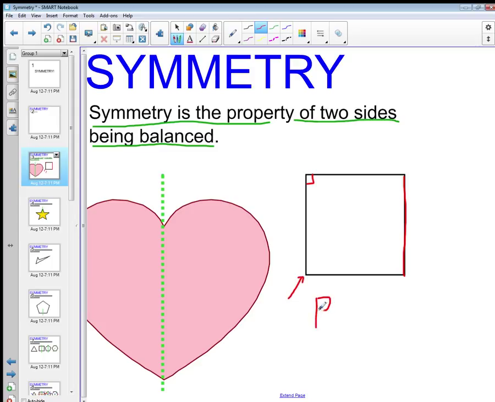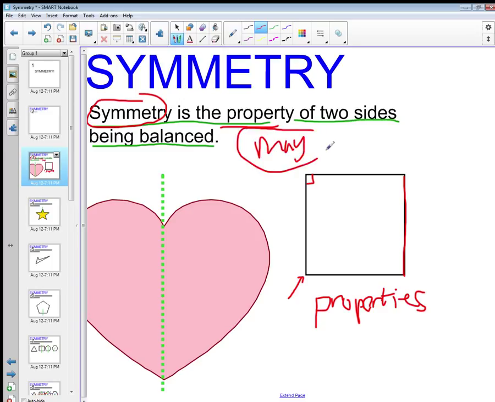Those are properties of a 2D shape. But what you're learning now is that symmetry is also a property that 2D shapes may have. Not all of them do, but some may. A square is a great example of a shape that also has a property of symmetry.